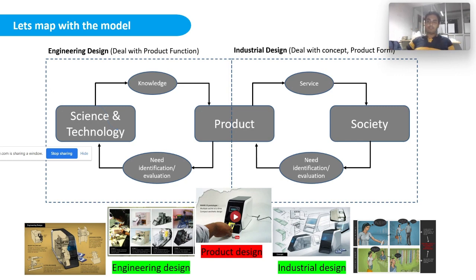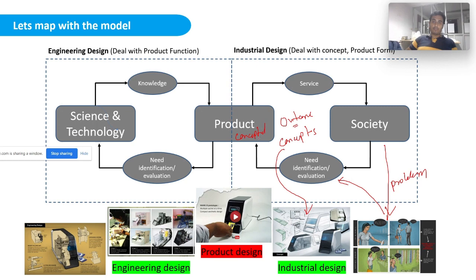What we see here is the societal problem, and then we have these requirements, and as an outcome the nature is a concept. There can be concepts also. Then we have here the conceptual requirement.